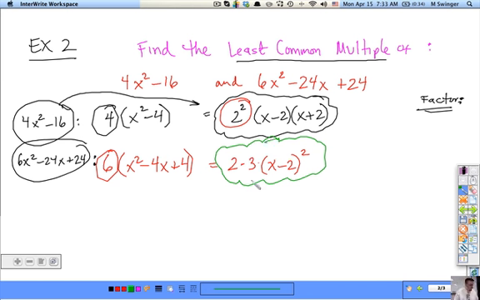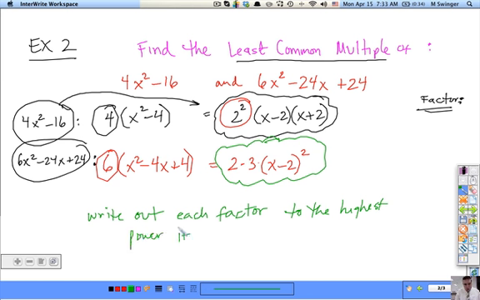Now, if you look at this, here's the rule, okay? It says find the LCM by writing each factor to the highest power it occurs in each polynomial, okay? So write out each factor to the highest power it occurs in either polynomial.